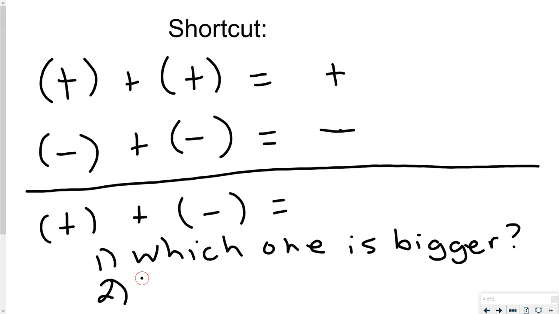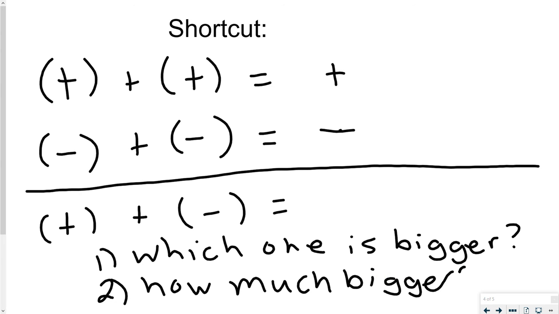And then how much bigger? Right? I'm not kidding when I'm saying we're doing exactly the same thing we did last week. It's just in a little more official capacity. Okay? So let's take a look at what this would look like.